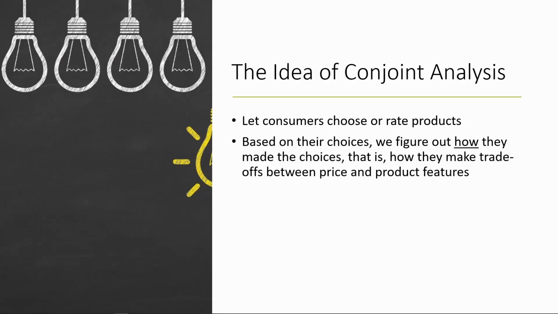So the idea of conjoint analysis is to let consumers choose or rate products, using the actual choices they make to figure out their preference structure on the attributes or features of these products.